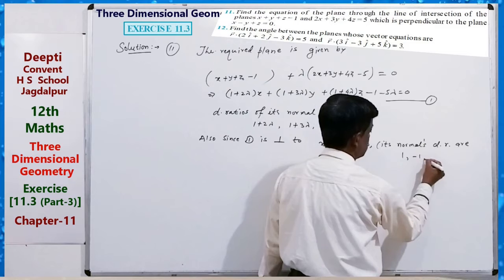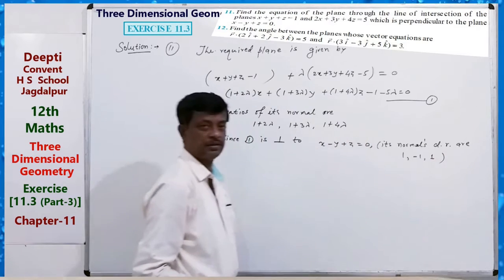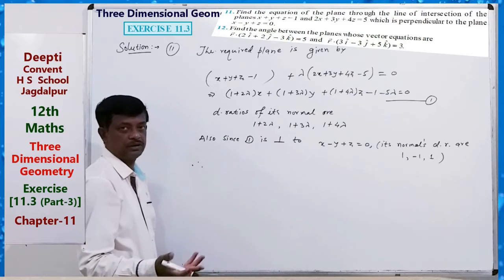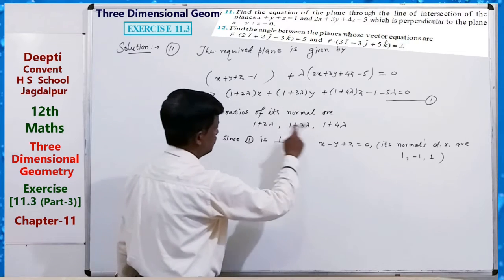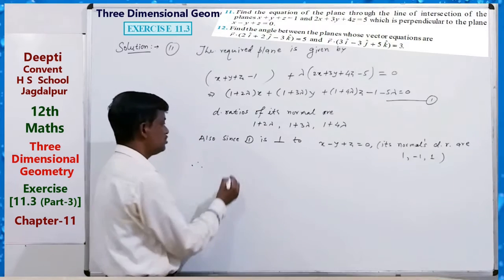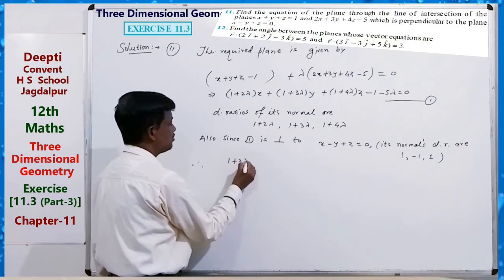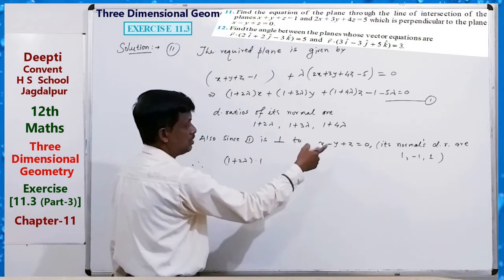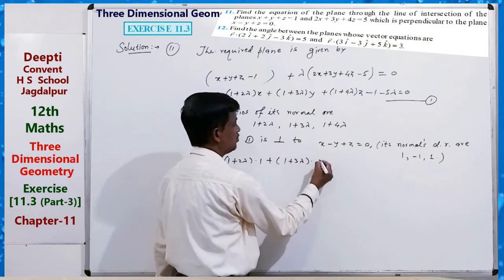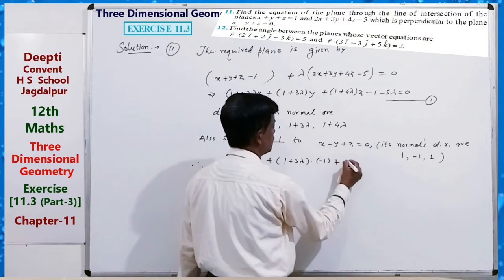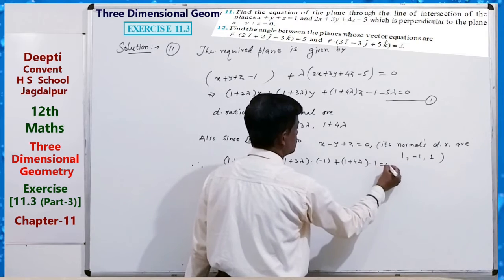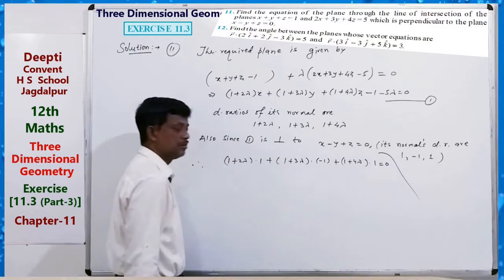Being perpendicular, a1 a2 plus b1 b2 plus c1 c2 equals 0. So (1 plus 2 lambda) into 1 plus (1 plus 3 lambda) into minus 1 plus (1 plus 4 lambda) into 1 equals 0.